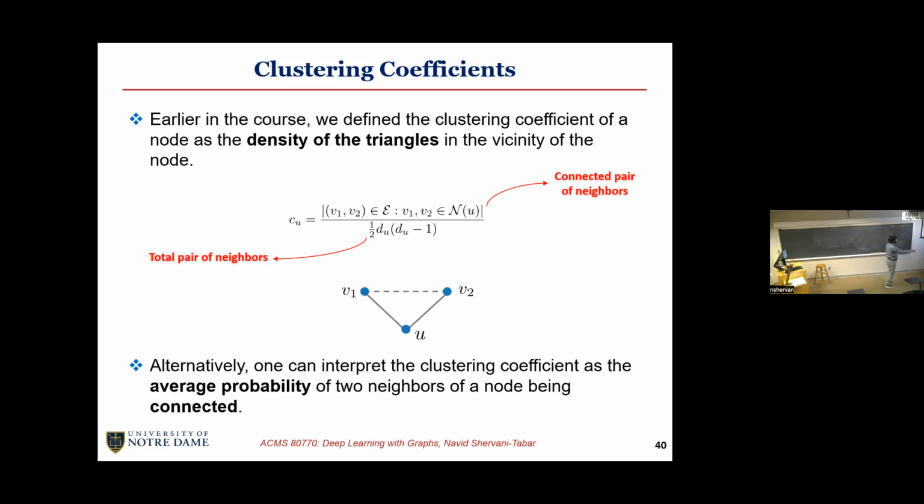Another interpretation of this clustering coefficient is: if I randomly select two of the neighbors of a node, what's the chance that those two nodes are connected to each other?